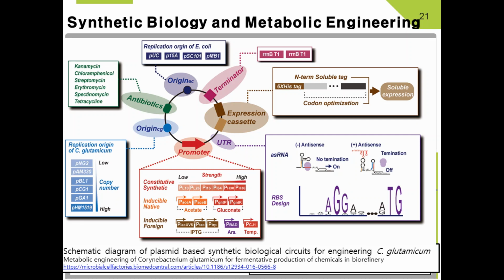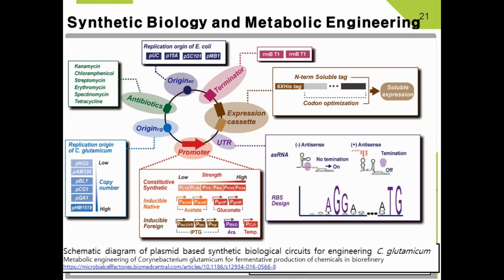Now Corine can recognize these different replications of origins, and when it recognizes this specific replication of origins, or ORI, it can produce a low to high copy number of the gene.